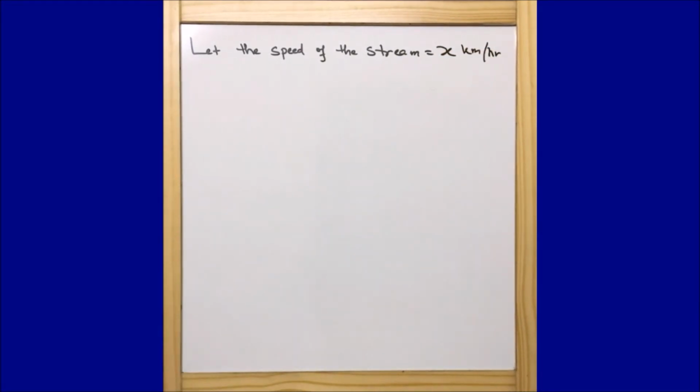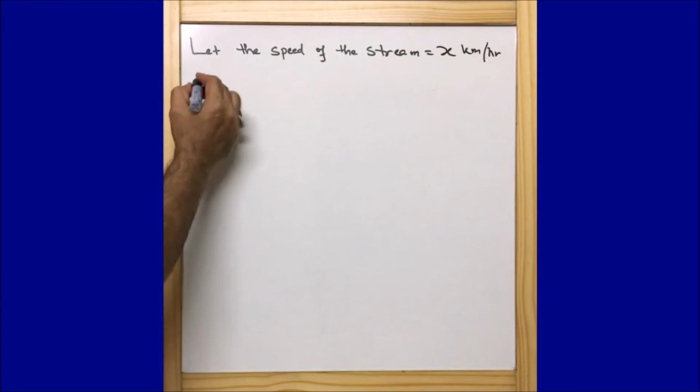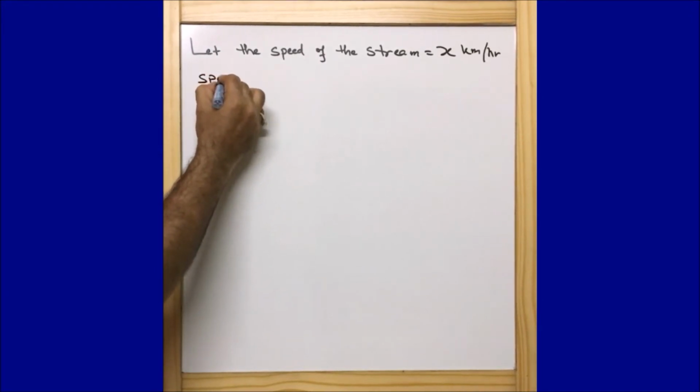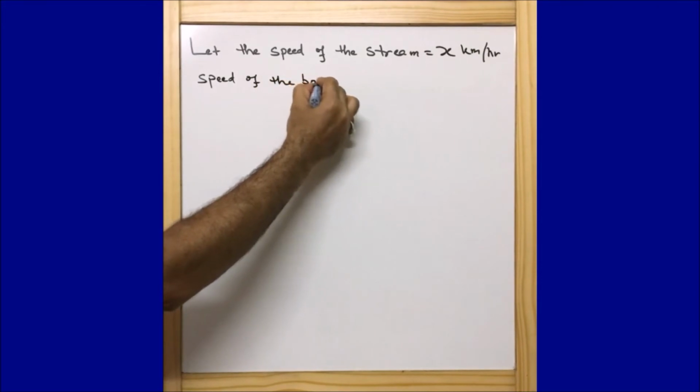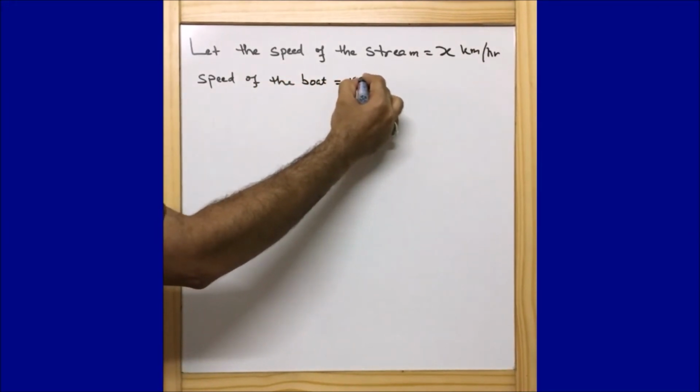Here we are assuming the speed of the stream is x km per hour, because we do not know the speed of the stream, and they have given the motor speed of the boat as 18 km per hour in standstill water. So the speed of the boat is 18 km per hour.